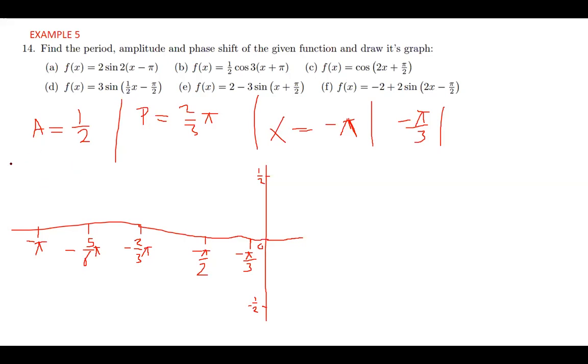So remember, for sine or for cos, it's something like this, or like that. That is for cos. What you do here again is you look at your amplitude, which is half.